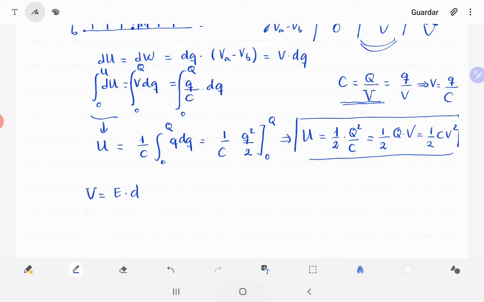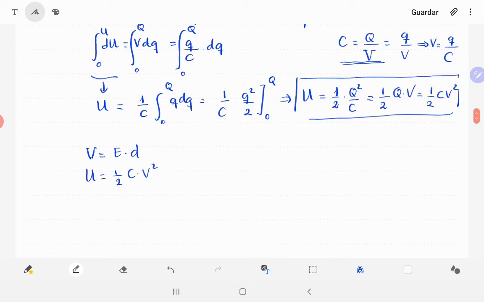We also know that the total energy stored there is 1 over 2 C times V squared. And we also know that for this parallel plate capacitor, its capacitance is equal to the area times epsilon sub 0 divided by D. Okay, so I'm going to look at this same storage of energy from the point of view of building up an electrical field.